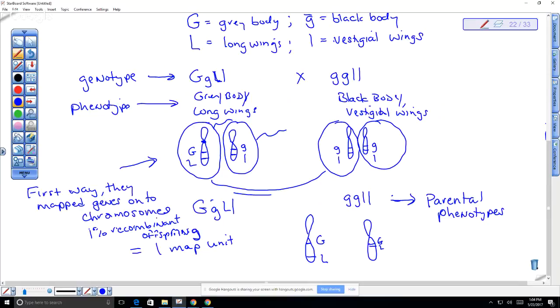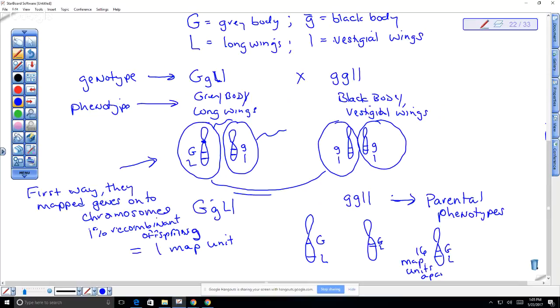If you look at the numbers, 80 plus 80 is 160 out of 1,000. And that is 16%. So 160 is 16% of 1,000. And so then what you would say is that G and L are actually 16 map units apart.